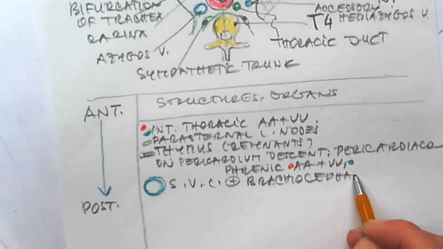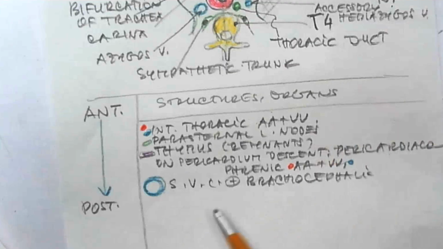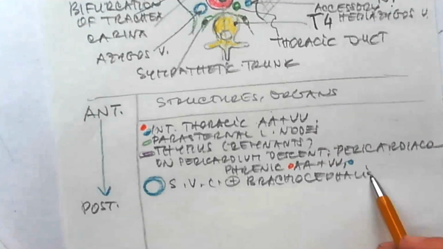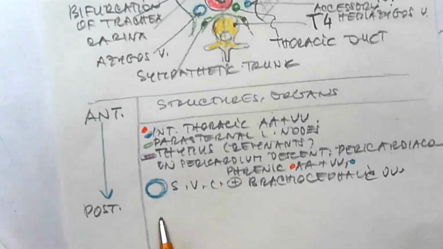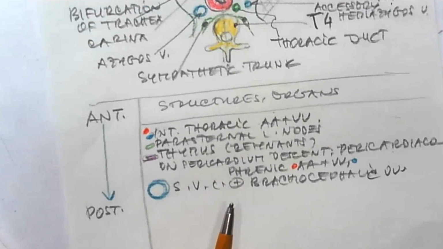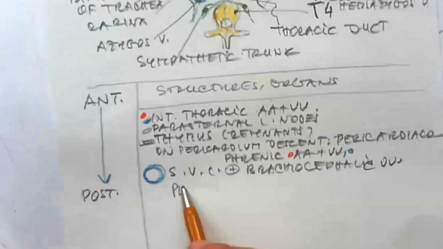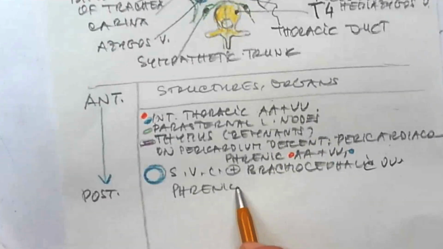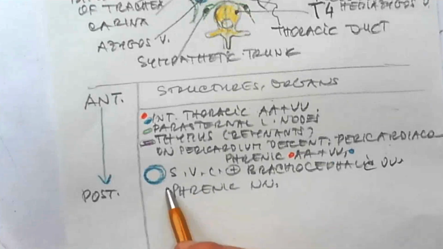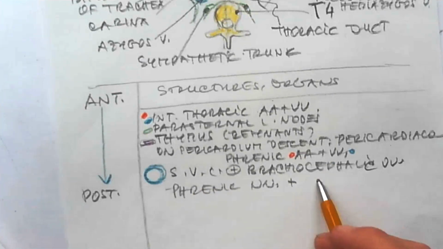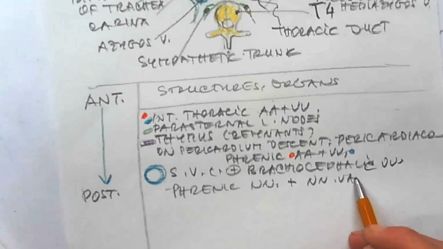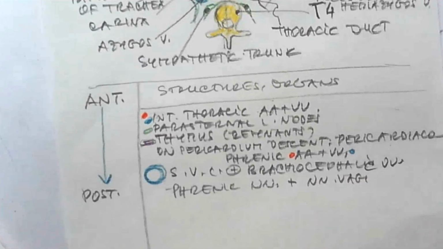We are speaking not only about the section but also about the whole space. Brachiocephalic veins, correct? Then must be the phrenic nerves, plus the vagus nerves, the 10th.